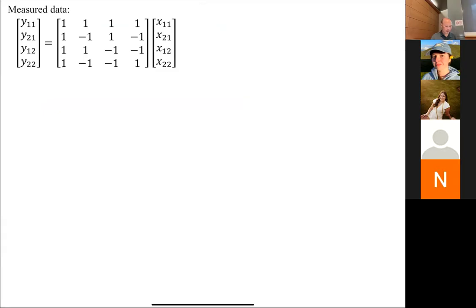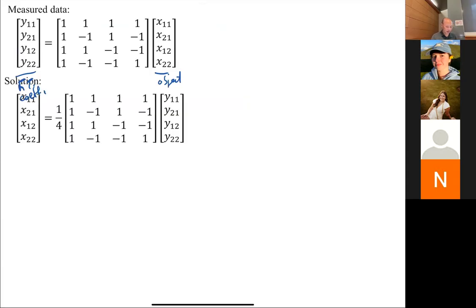So let's look at an example of this. In this case, this is my object. These are the Fourier transform coefficients. And the solution is simply I just take the inverse of that matrix. If you type this into MATLAB and typed inverse, it would just give you this matrix.